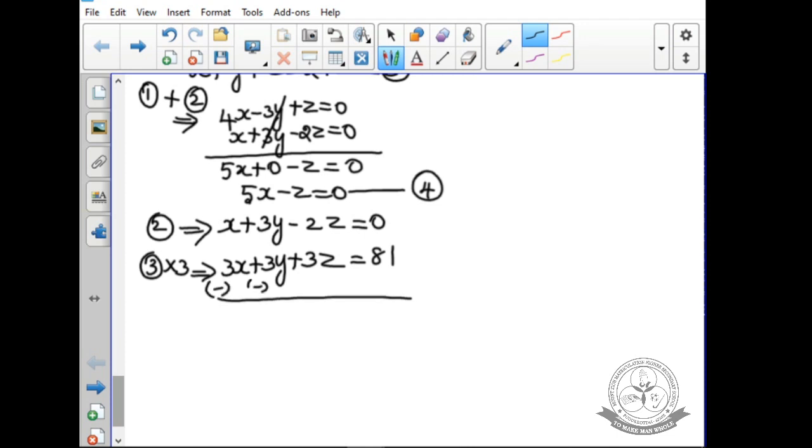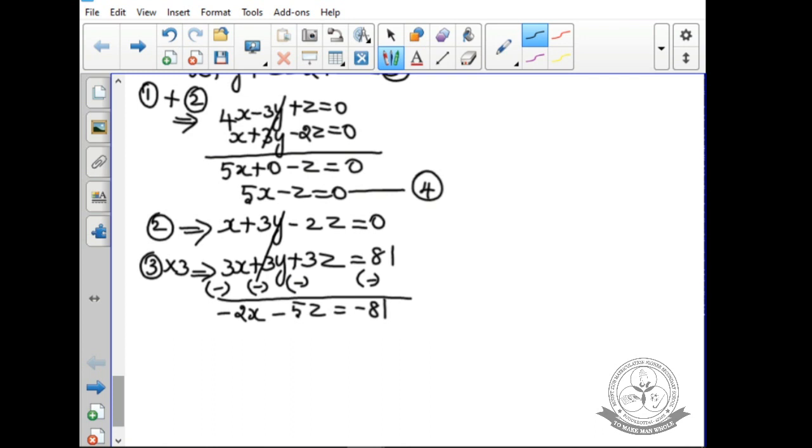Change all the signs. So x minus 3x, the answer will be minus 2x. Plus 3y minus 3y gets cancelled. Next, minus 5z is equal to minus 81. So minus 2x minus 5z is equal to minus 81.